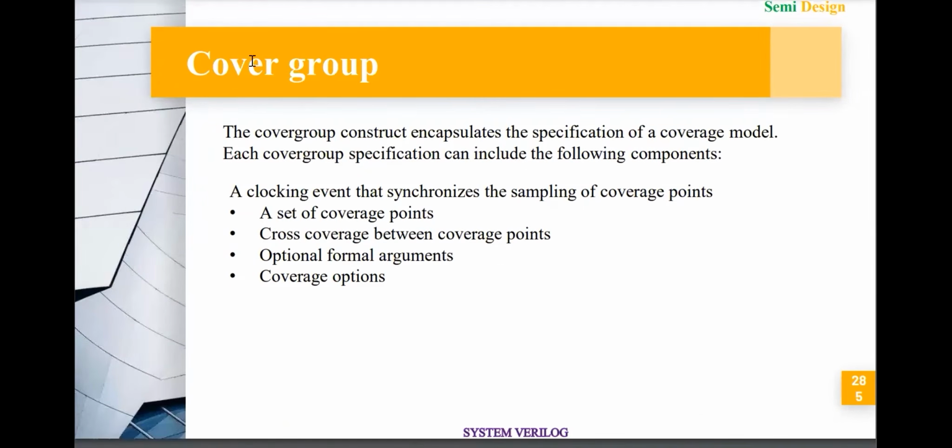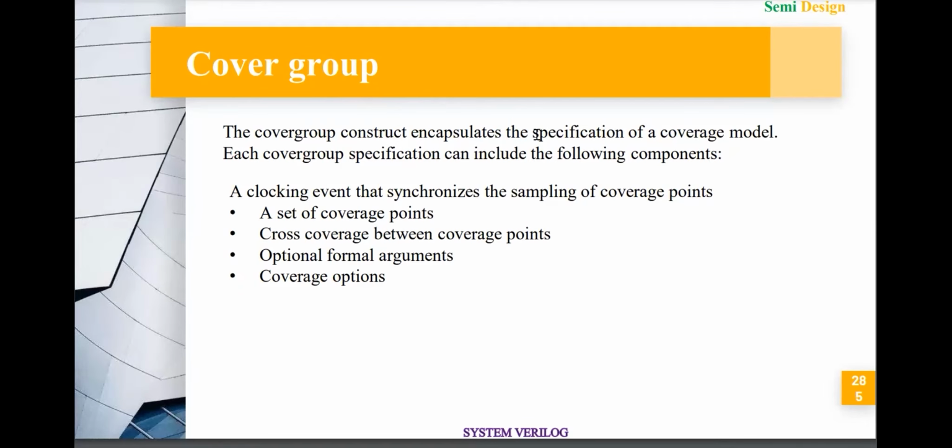Coming to the main topic, how to write the code for coverage. First thing is the covergroup. What is meant by covergroup? Suppose you take a module, what is the need of module and endmodule? Within module and endmodule we declare all the variables and write the functionality, right? The covergroup is the same as a module.